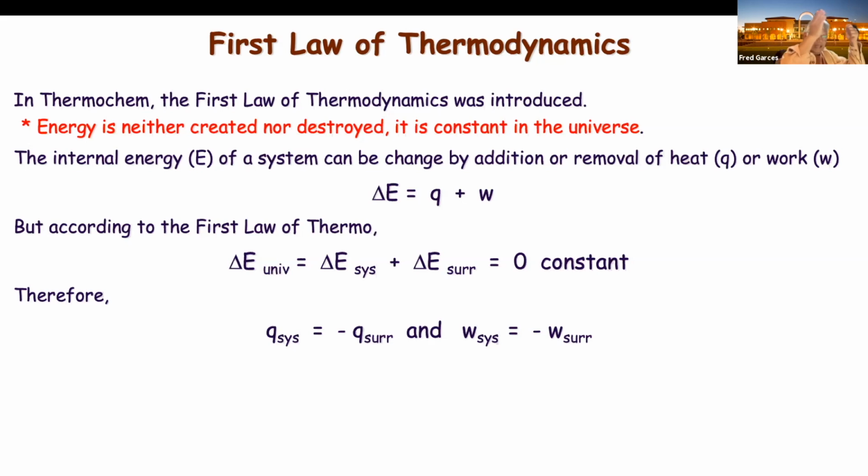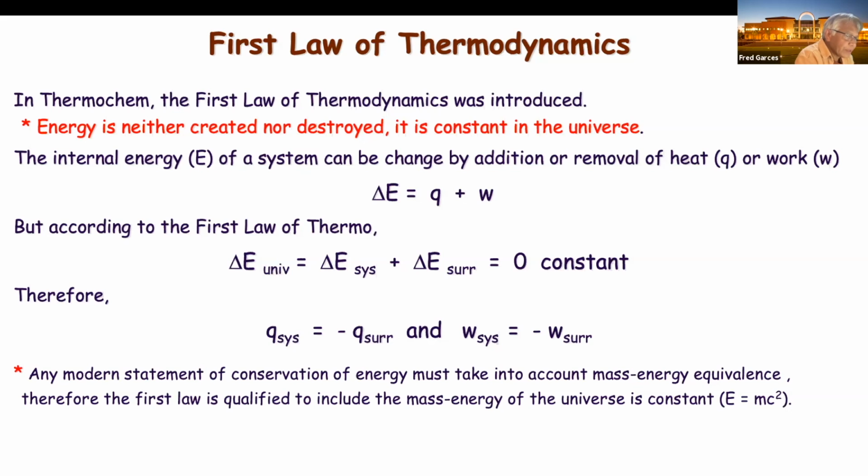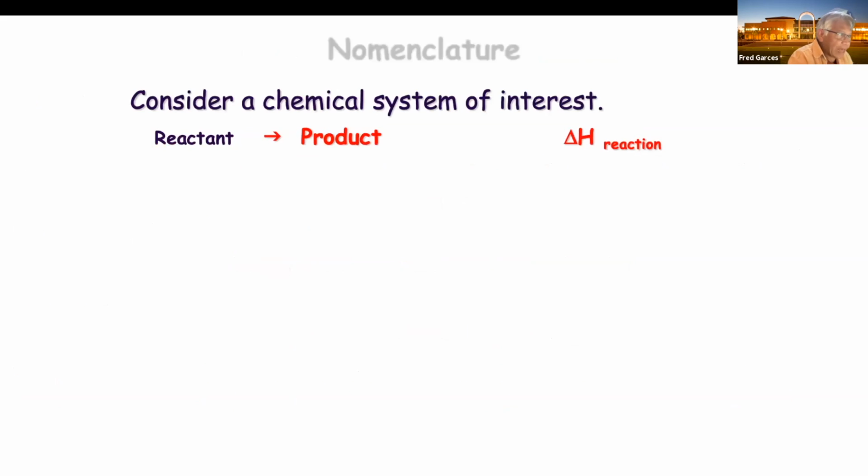Whatever work the system generates has to be absorbed by the surroundings. If the work is absorbed by the system, it has to come from the surroundings. So we have a simple universe. The universe consists of the system and the surroundings, and those are the only two that communicate. So that's what all that discussion was about.